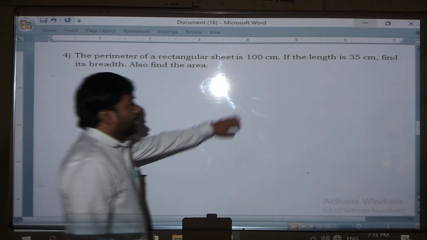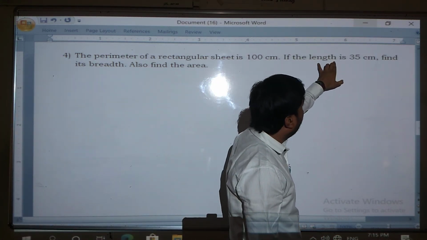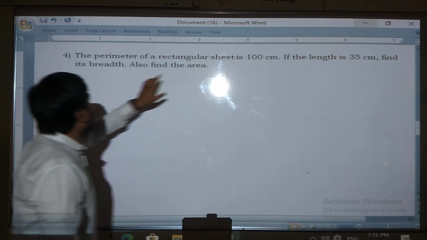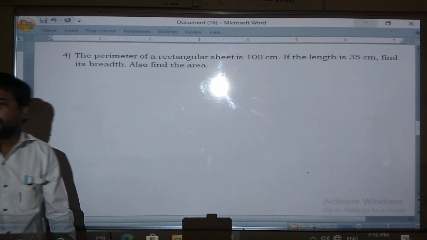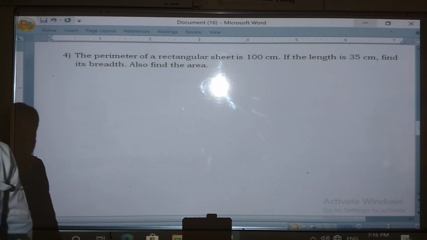Right? With perimeter, one more information is given to you, that is about length. Find its breadth and also find the area. રાઈટ, સ્ટાર્ટિંગ માં જો થર્ડ માં એરિયા આપ્યો તો તેમાંથી બ્રેથ શોધી લાવ્યા ને પછી પેરીમીટર શોધ્યું.